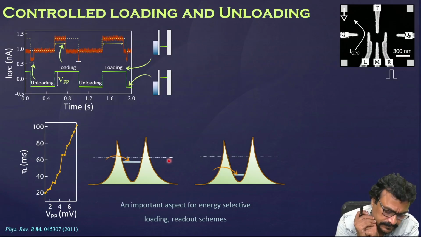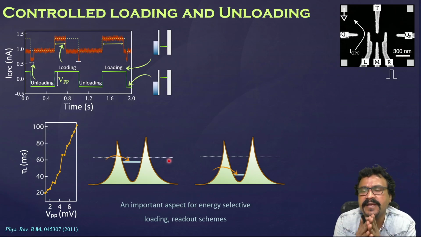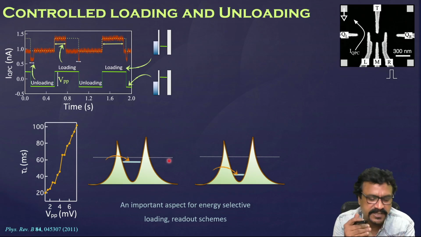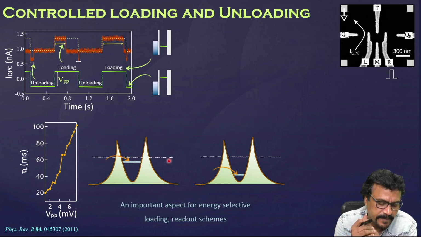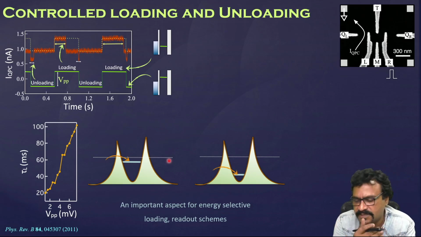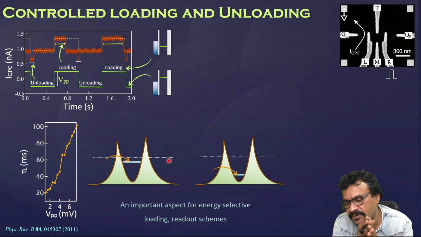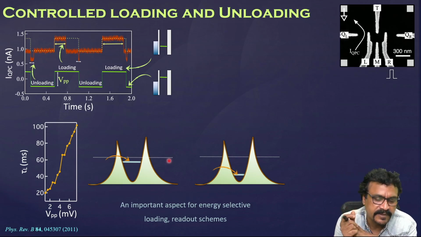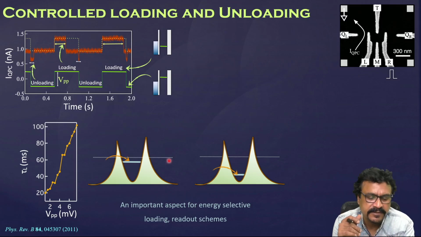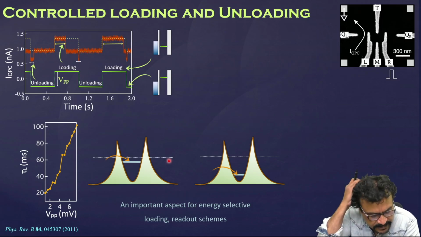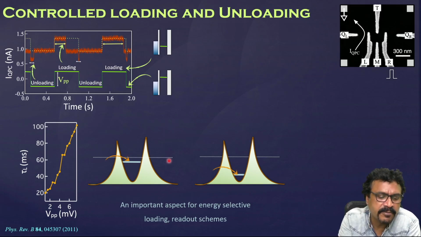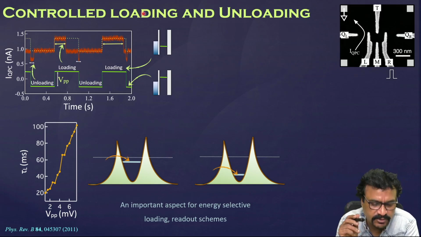Now, let us discuss some simple manipulation of these qubit states. I mean, when I say qubit state, the charge state of the quantum dot, I mean spin state eventually. So, what we are trying to do here is to try to controllably load and unload the state.